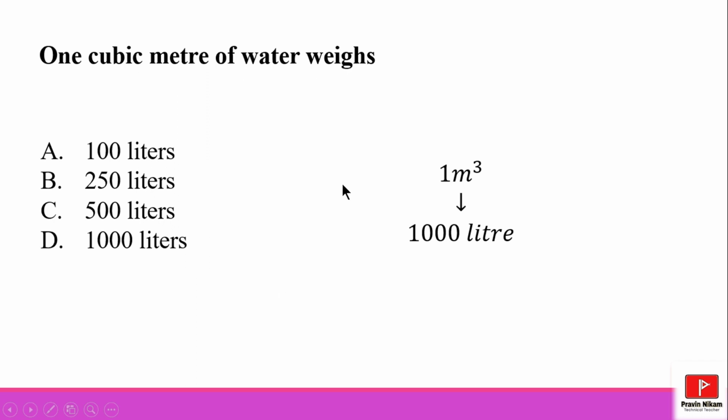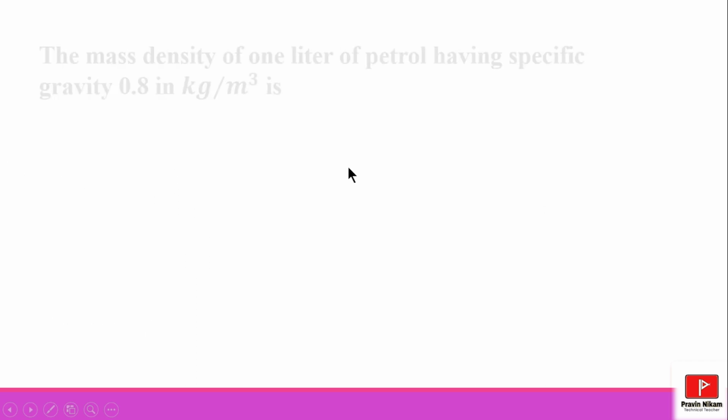So 5 divided by 1000 meter cube means 0.005 meter cube, or 5 into 10 raised to minus 3 meter cube. So remember this conversion. The correct answer is D.